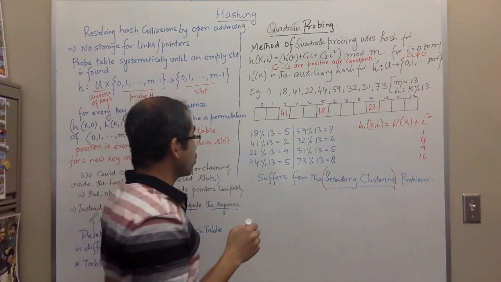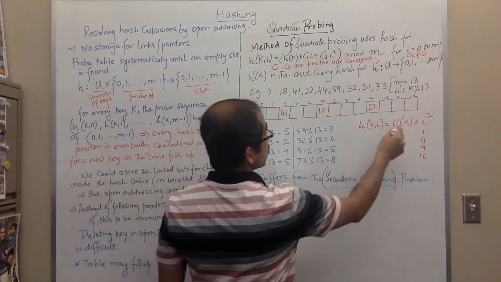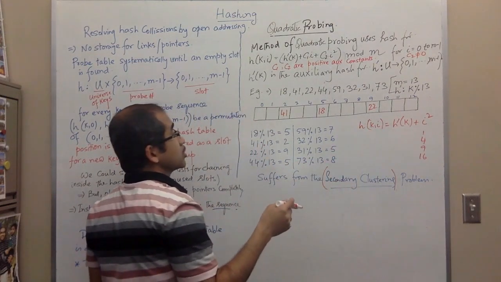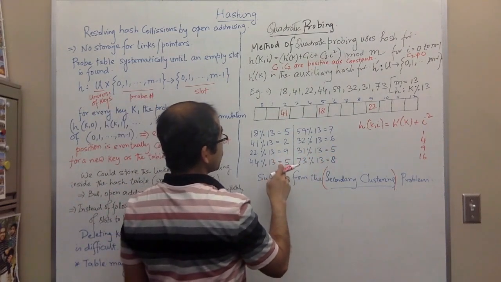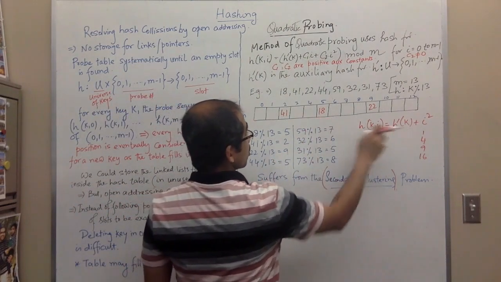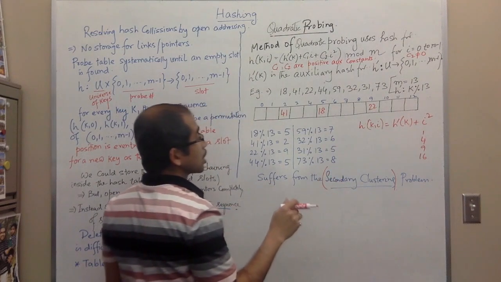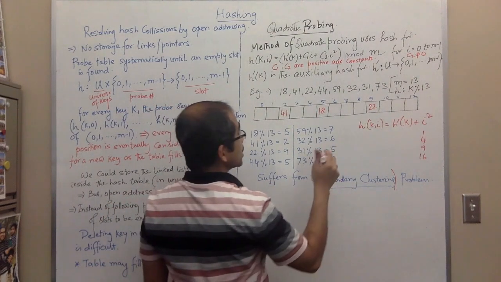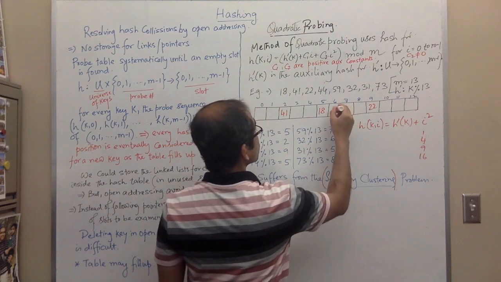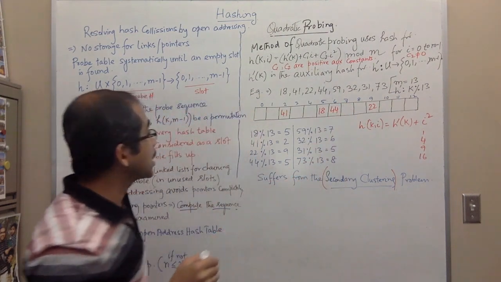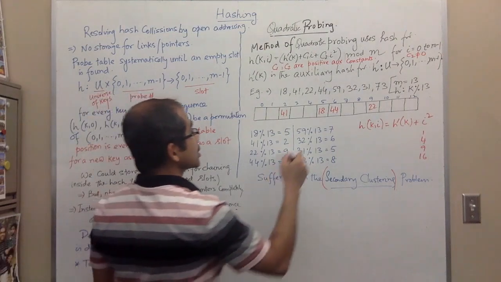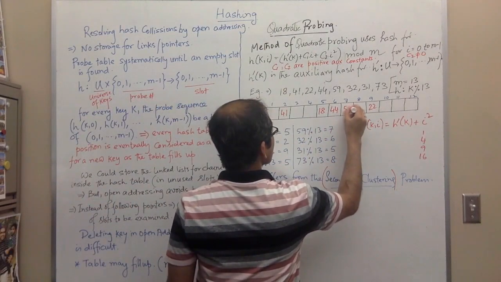Assuming c1 equal to 0 and c2 equal to 1, 5 is full, so we go to the next position, considering i equal to 1. So 44 goes to position 6. Now 59 goes to position 7, so this is okay.